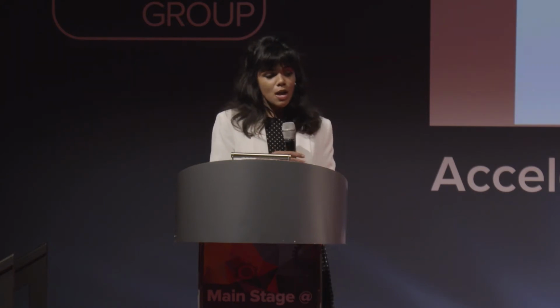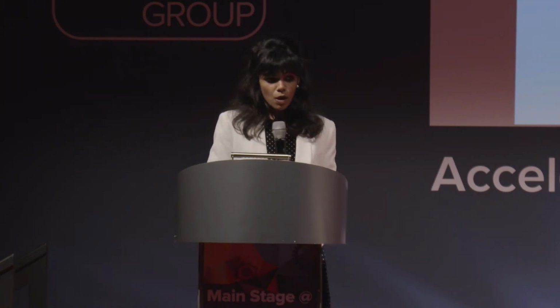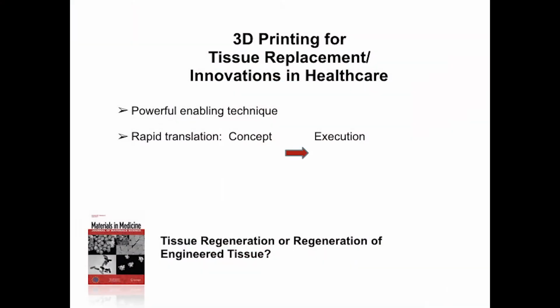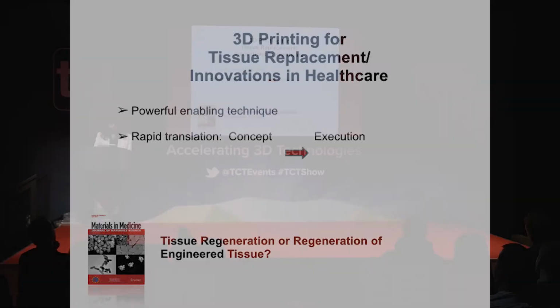So then I looked at 3D printing because it's quite an enabling technique that allows concept to execution a lot more rapidly than conventional methods, not in most cases, but in the case of developing elastic tissue.